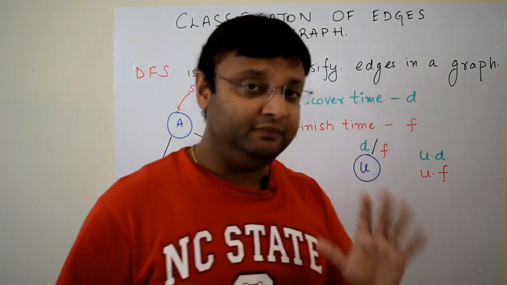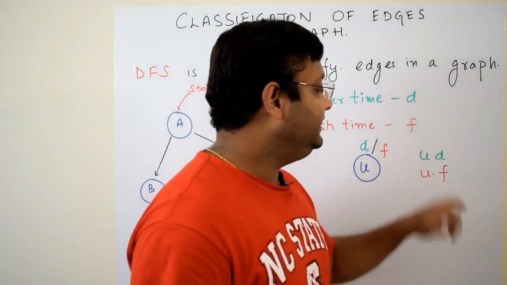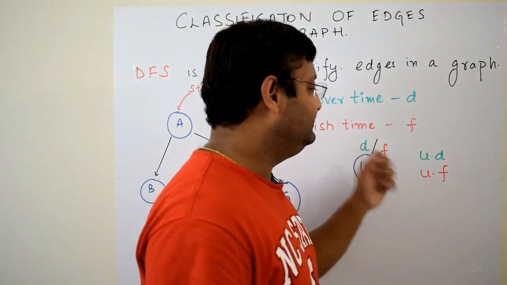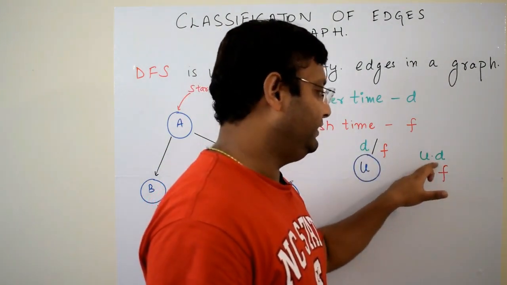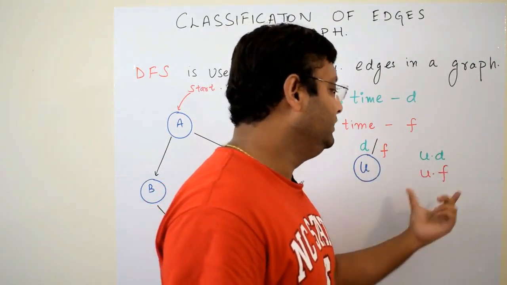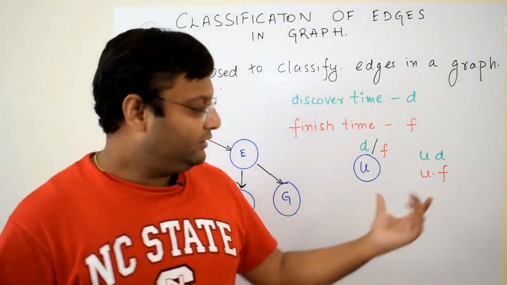Now what these mean, I'll come to it. In the data structure, U dot D is how the discover time is stored. U dot D means the discover time of vertex or node U, and U dot F means the finish time of node U, right?